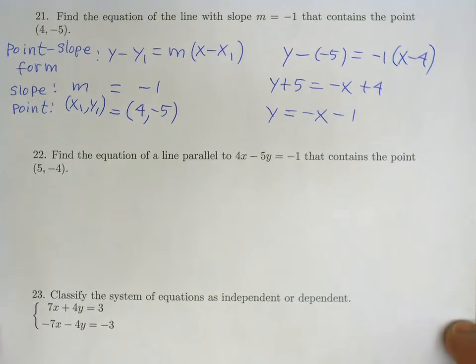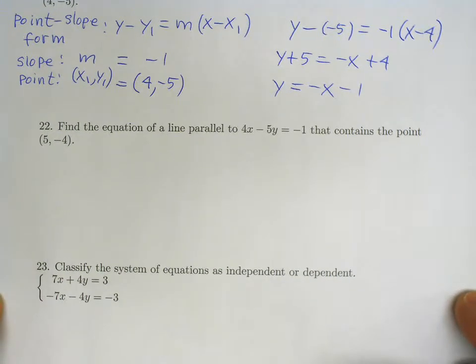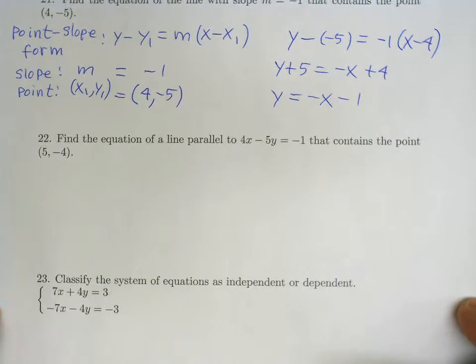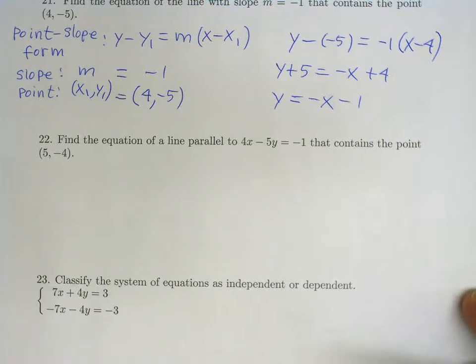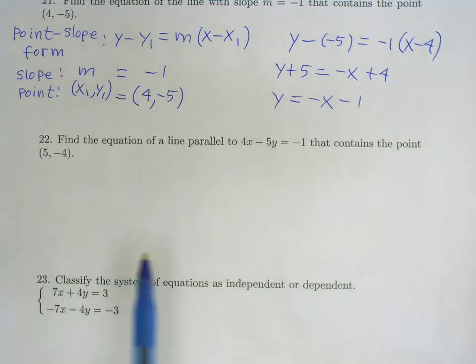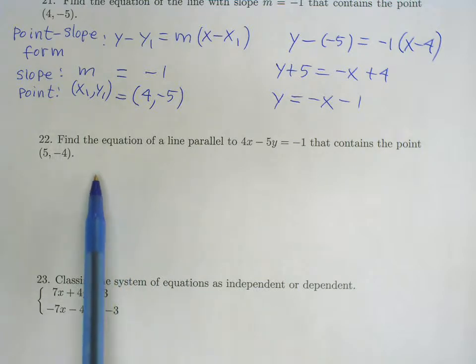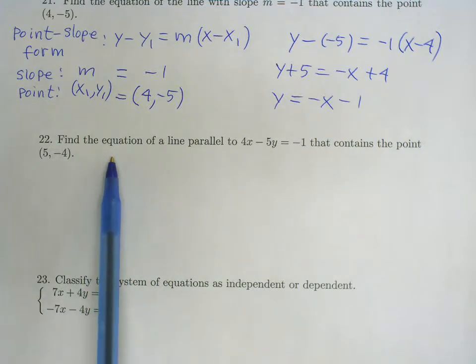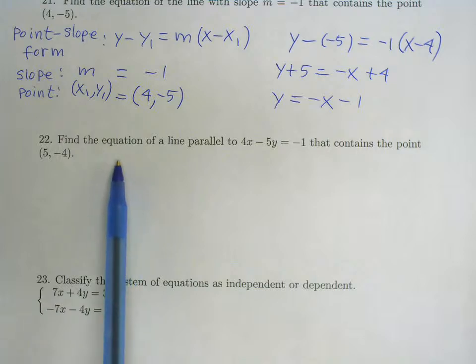Okay, the next problem, number 22. Find the equation of a line parallel to 4x minus 5y equals -1 that contains the point 5, -4. This isn't the only way to do it, but in my opinion, the most straightforward thing to do is to use the point slope form again.